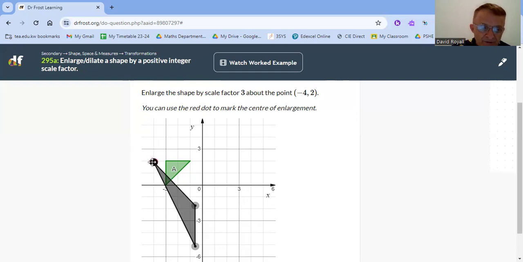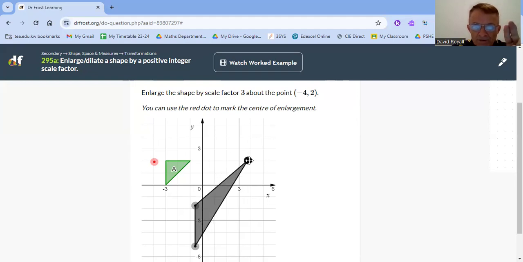So 1, 2, 3, that's a scale factor of 1. 1, 2, 3, that would be a scale factor of 2. 1, 2, 3, that would be a scale factor of 3. Mission accomplished. Right, what about this point here from the red dot?